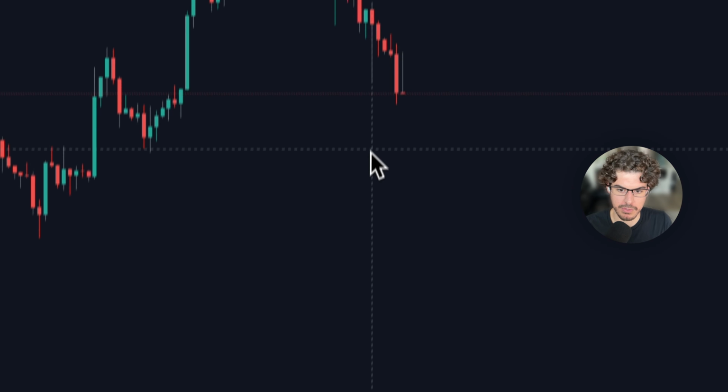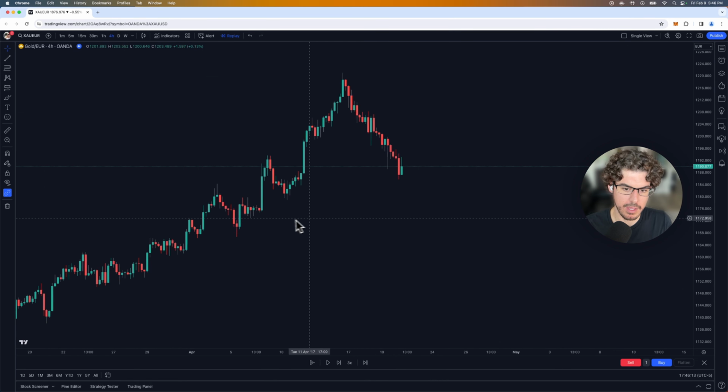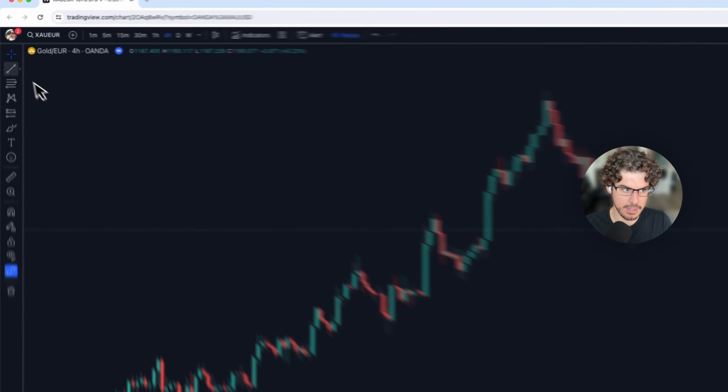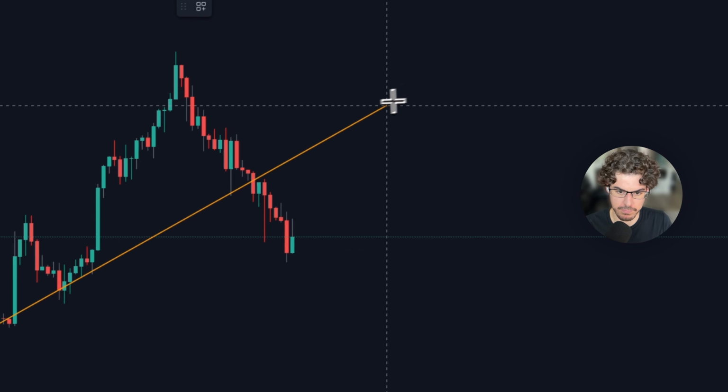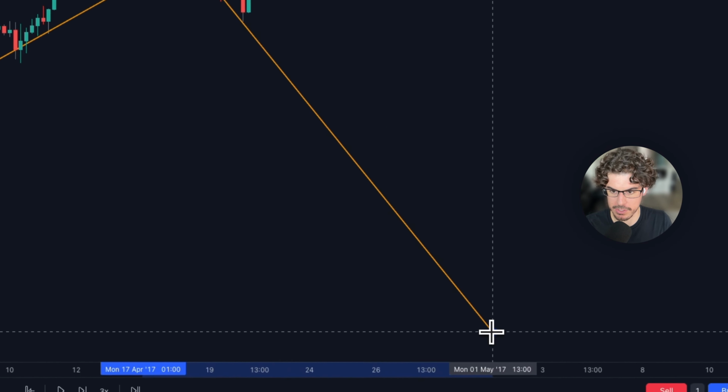Okay, so now we can definitely see that price is not moving to the upside anymore. It's making lower lows, not respecting the previous higher low. So going from this direction, price is now making this direction.